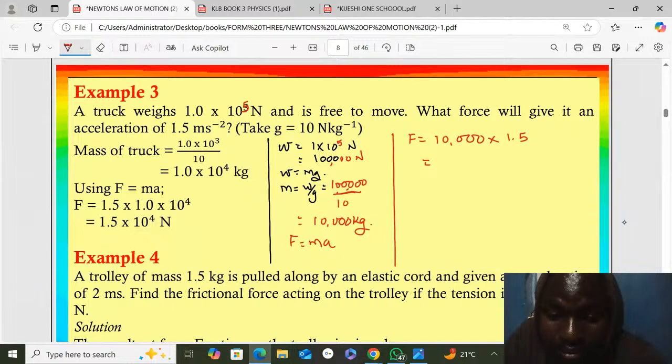And this becomes 15,000 newtons, like that.